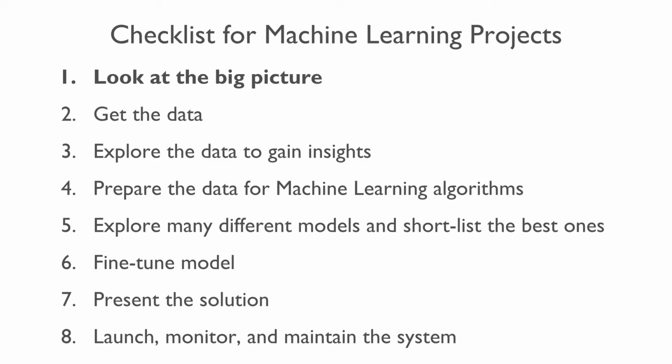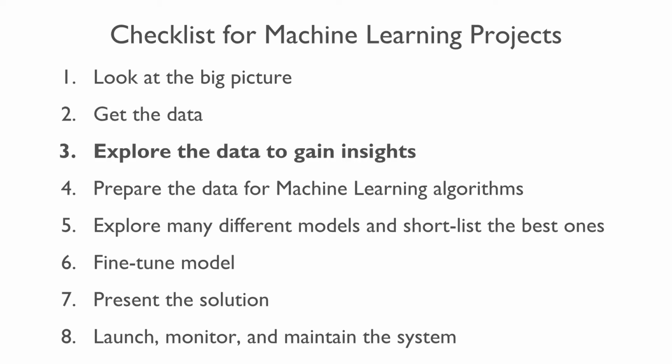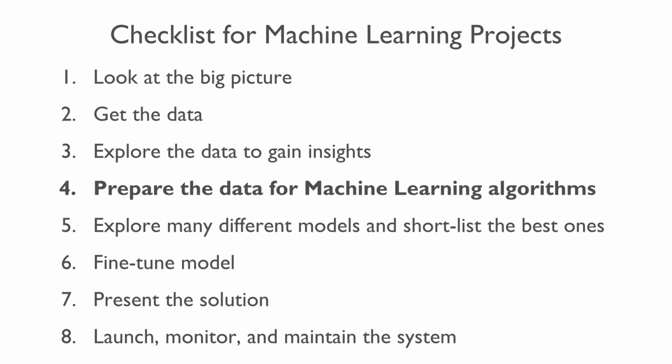Next, we download data, convert it into the form which machines can understand, and then we split it into training and test set. Next, we explore the data to gain insights and remove data quirks. Next, we prepare the data for machine learning algorithms, which involves data cleaning and feature scaling.